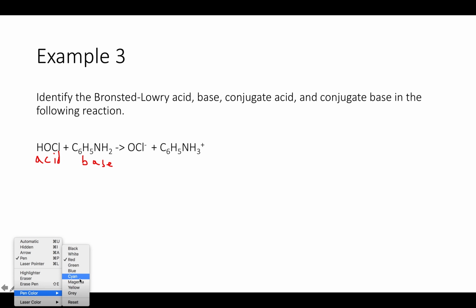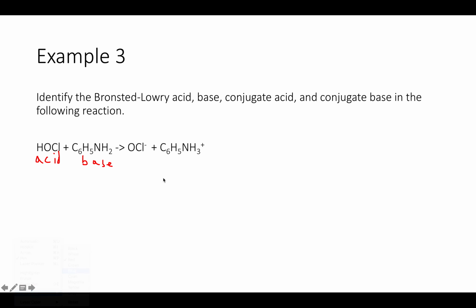I'm getting a resulting solution that has OCl minus, which means it lost a hydrogen ion, so it's become the conjugate base. And now I have this solution, which has accepted the hydrogen ion that the acid donated, and it's become the conjugate acid.